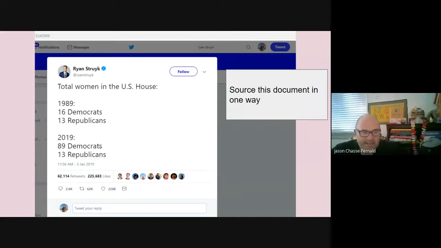Of course, if you're looking at context, this is January 3rd, following the midterm election in 2018. This is when the House of Representatives' new session was being seated. So we looked at what was going on in the United States at that time to contextualize this document.